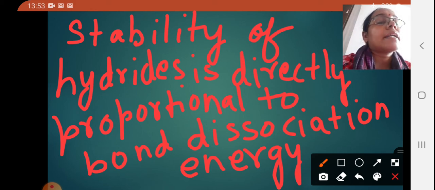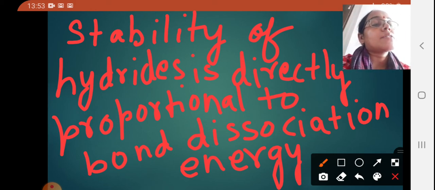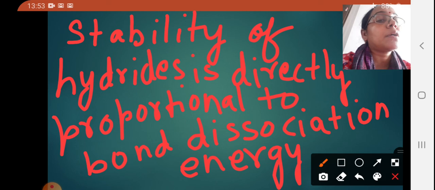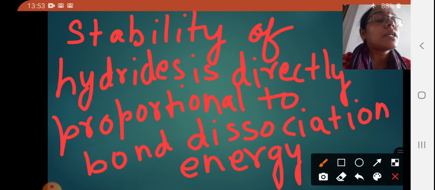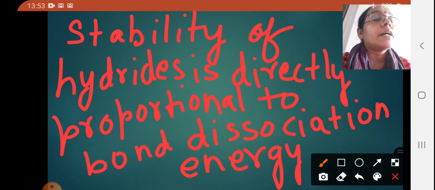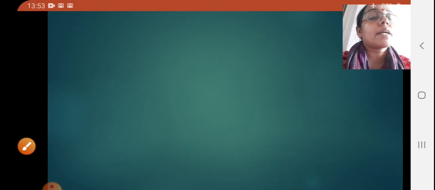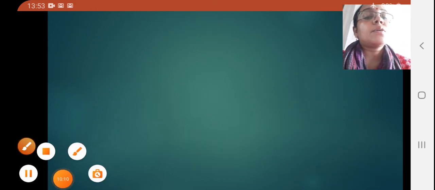This means that if the bond dissociation energy is more, the stability of hydrides will also be more, and if the bond dissociation energy is less, the stability of hydrides will also be less. So this is related to this.